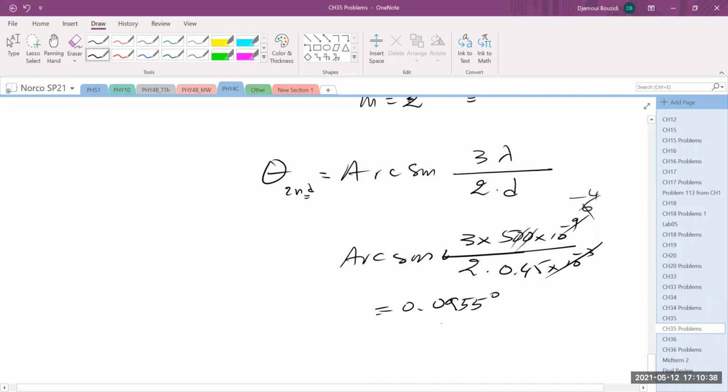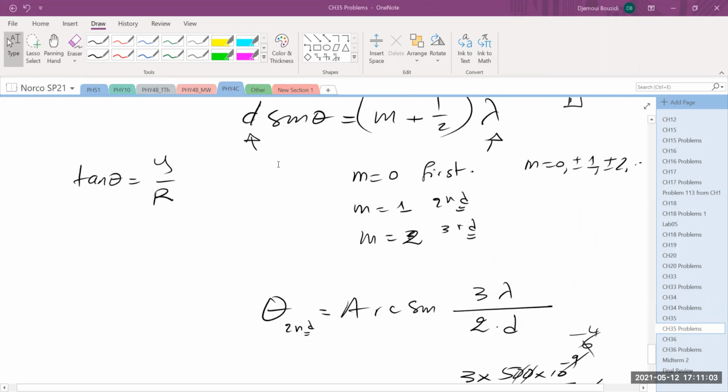This is a very tiny number, a very small number. As a matter of fact, we need its tangent. Its tangent is going to be this much, a very tiny number, 0.01666666, something like this, repeating.